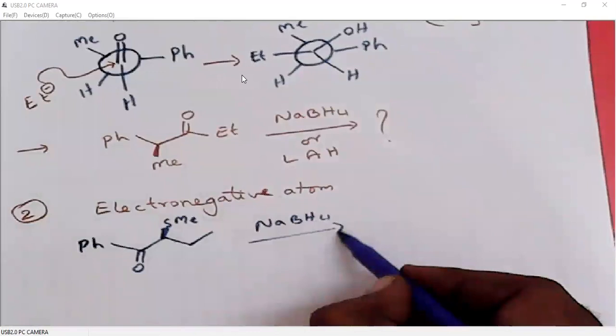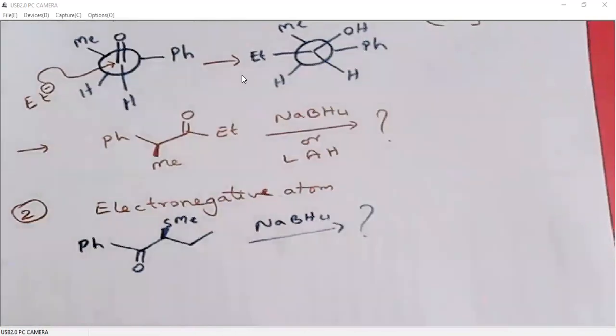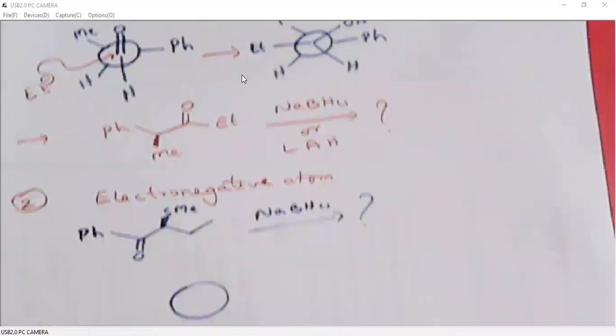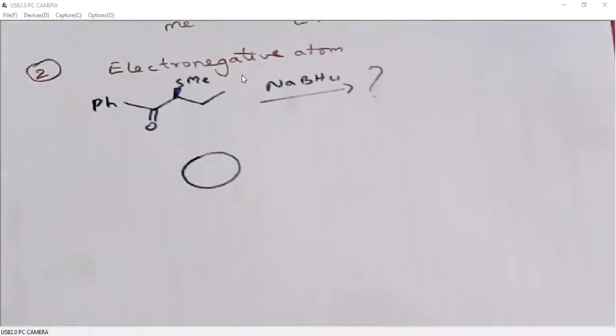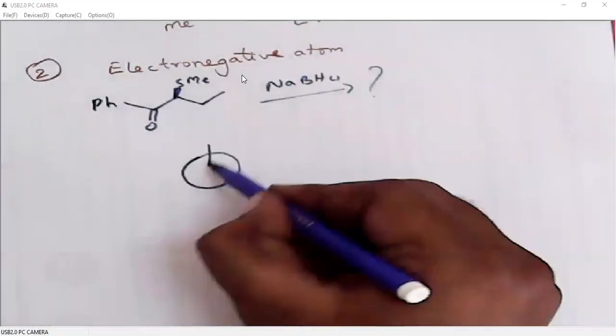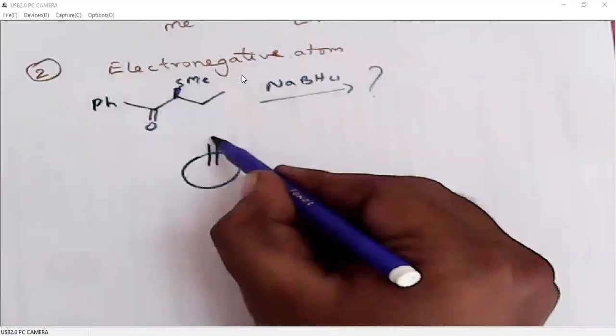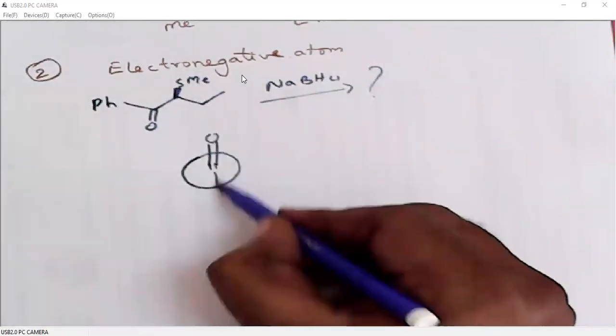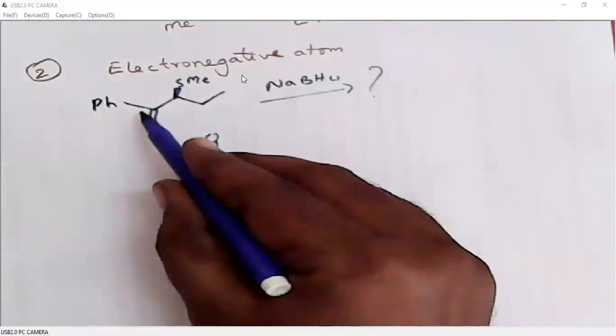in this product? Now, of course, according to the Felkin-Anh model, we must represent it using a Newman projection. Then the carbonyl group will be like this, and whatever is on the carbonyl, here we have a Ph group, phenyl group.